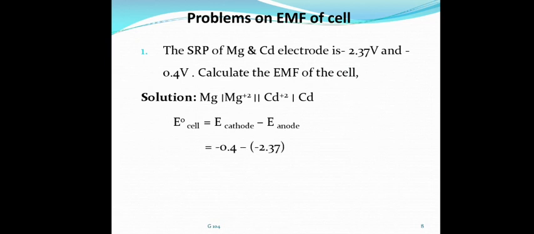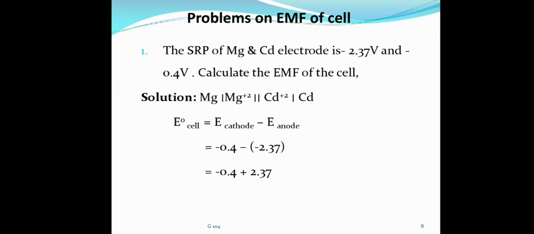The SRP of the cadmium electrode is minus 0.4, and of magnesium minus 2.37. So it is minus 0.4 minus of minus 2.37, which becomes minus 0.4 plus 2.37.